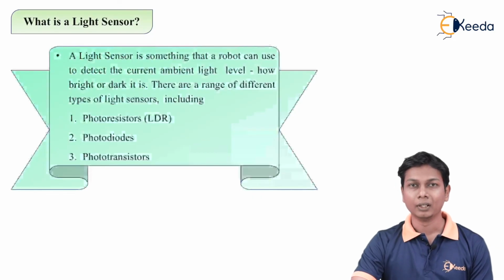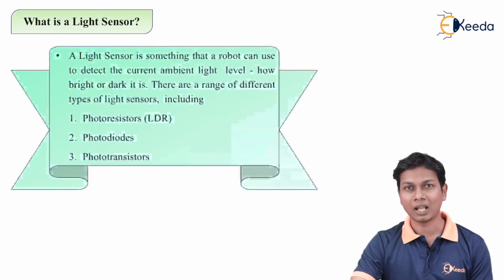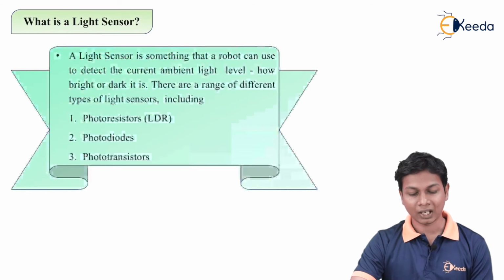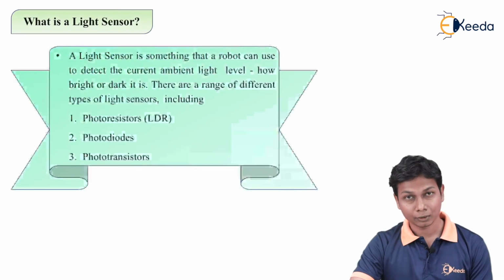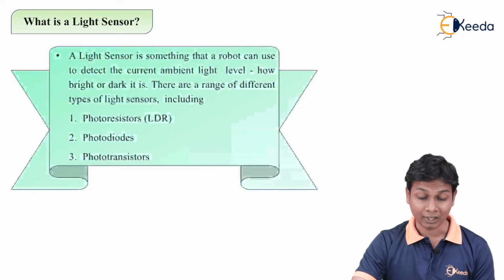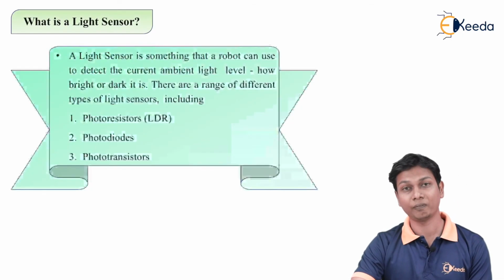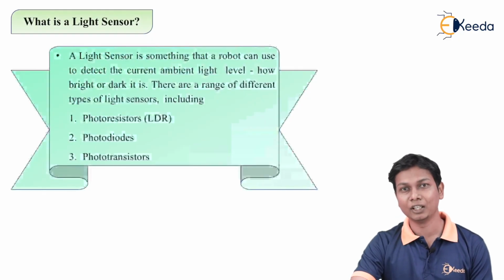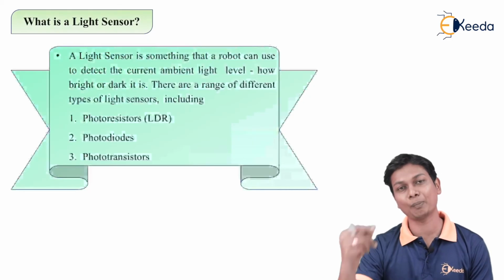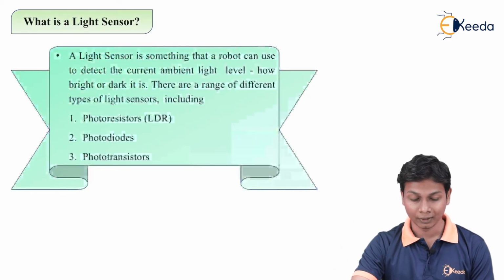Most of the time, a line follower robot uses the ambient light level, how bright or how dark. There are a range of different types of light sensors, and the range is decided depending upon which type of light sensor we are using.